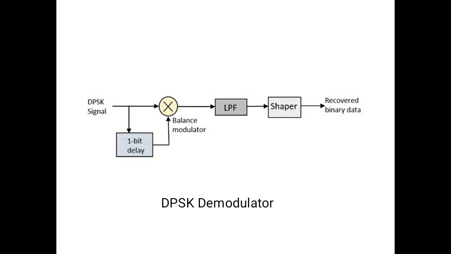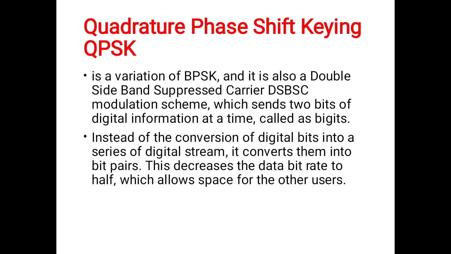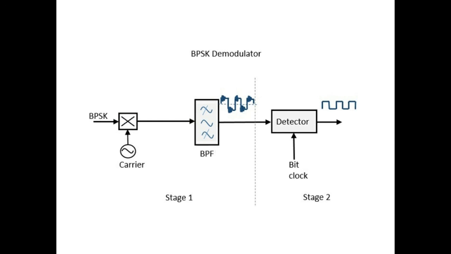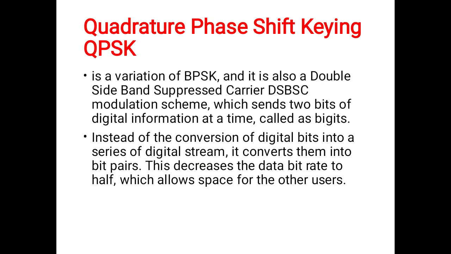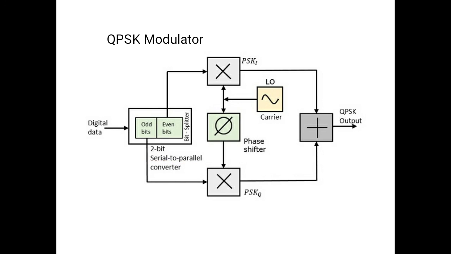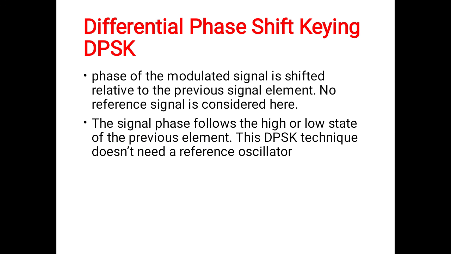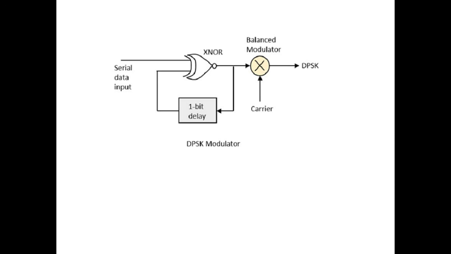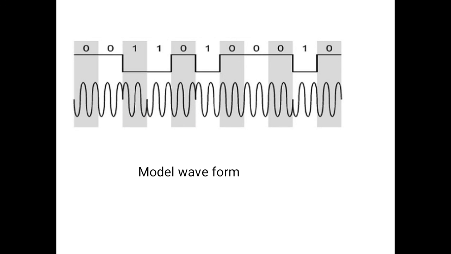So what you do is, learn BPSK perfectly along with the figures, then you simply define QPSK and DPSK and draw the figures. Figures in the sense modulator circuit, modulated waveform, demodulator circuit. Similarly for DPSK, the modulator circuit, demodulator circuit, and a modulated waveform.